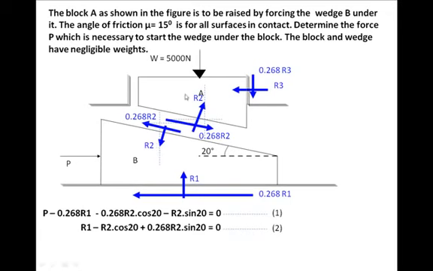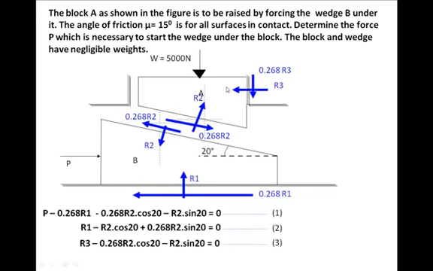Now we write sigma Fx and sigma Fy for wedge A. Sigma Fx is R3, then 0.268 R2 cos 20 and minus R2 sin 20. See, these two are in this direction and R3 is in the opposite direction.